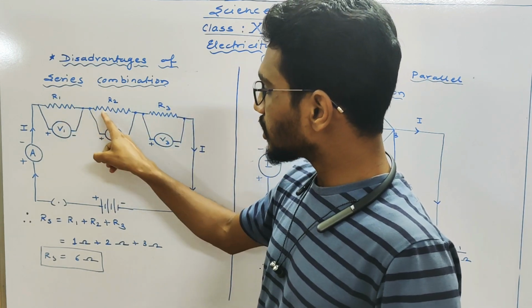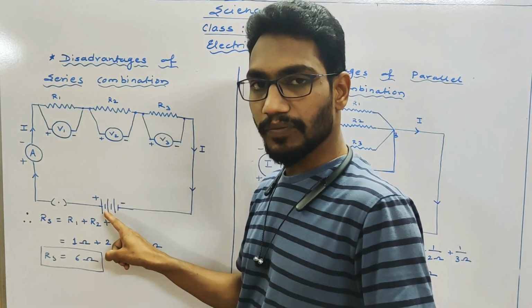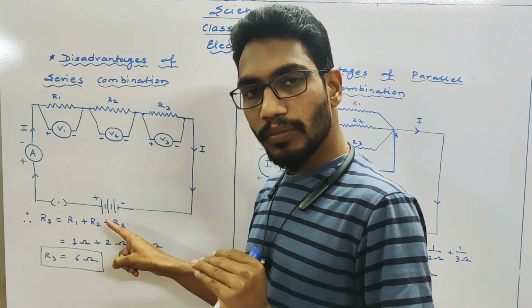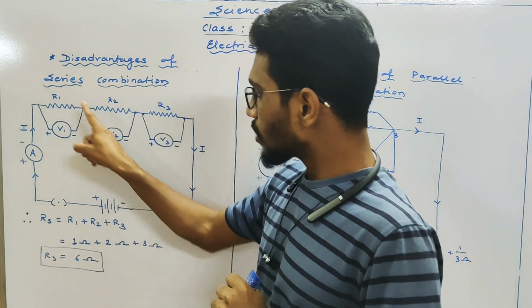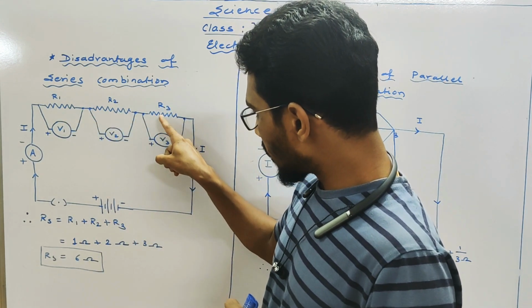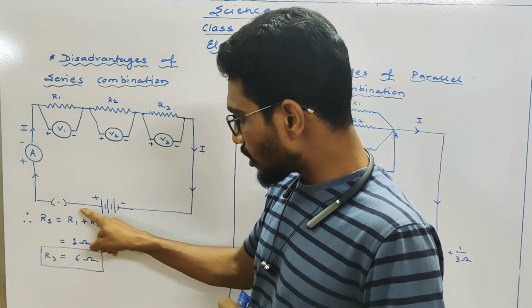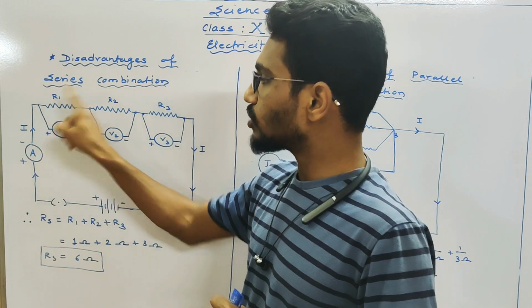They all are connected after each other in series with the battery. I am talking about series combination with battery means R1, then R2, then R3, and the same wire is connected to the battery and the other end of the battery is again connected to R1.